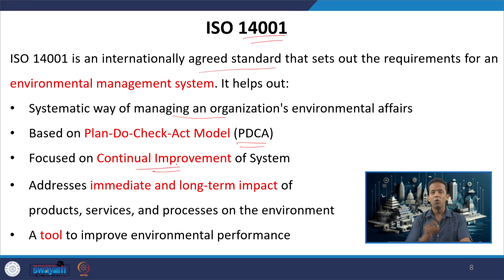The emphasis is on continuous improvement of the system. It addresses immediate and long term impact of products, services and processes on the environment, and it is a tool to improve environmental performance. So, that is the overall generic definition of the ISO 14001 standard, which is the most widely used EMS, or environmental management system.